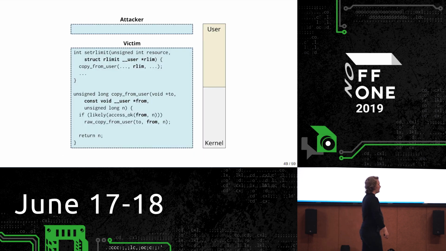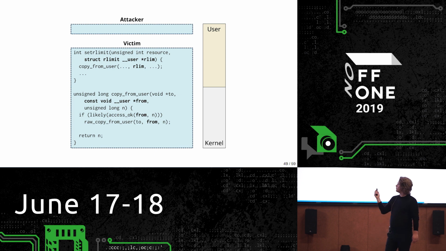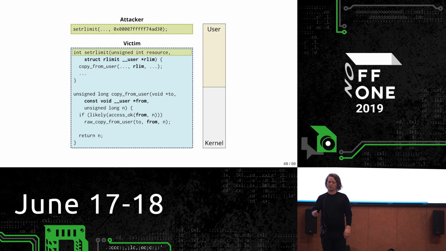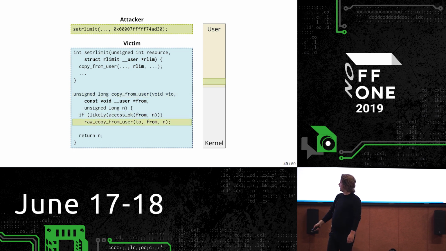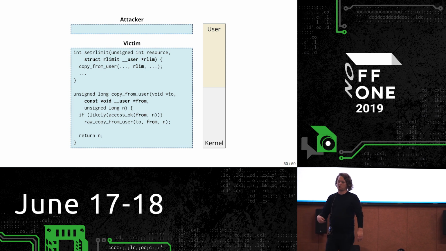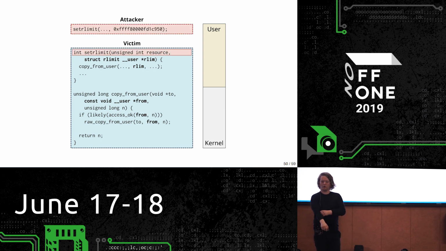So let's look at the code for this attack. First, the attacker starts training by calling setrlimit with a valid user pointer. It calls setrlimit, goes to copy_from_user, takes this branch and copies from user. It's fine. Then repeat this a few times to train the branch predictor, and at some point you give it an invalid address.